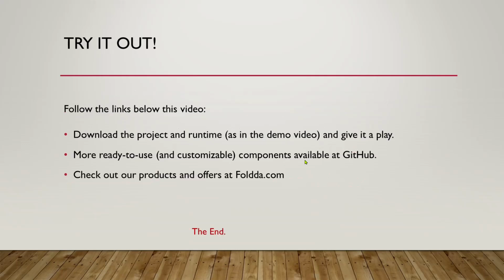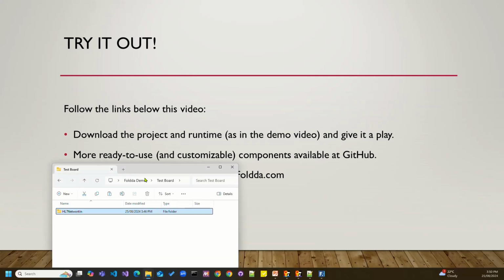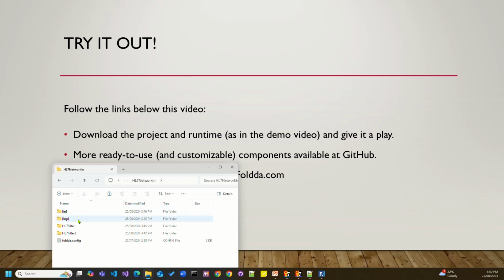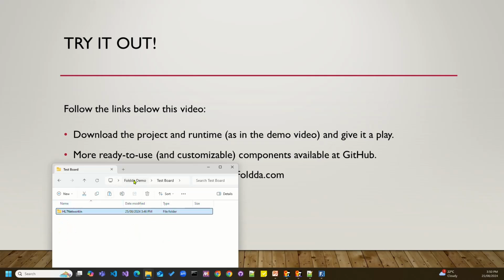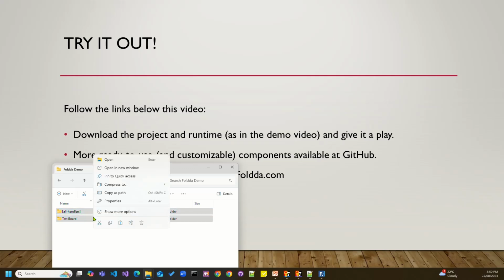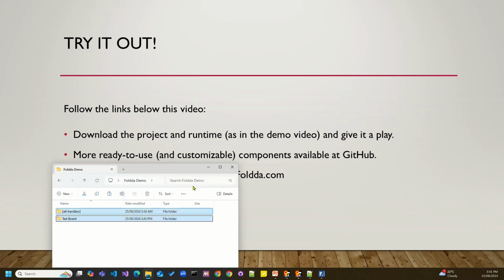Now, the last bit I want to show you is that we have a program we built. The test board we just built with the network in, we can just zip up, because they are just folders, so we can zip up these programs into an archive.